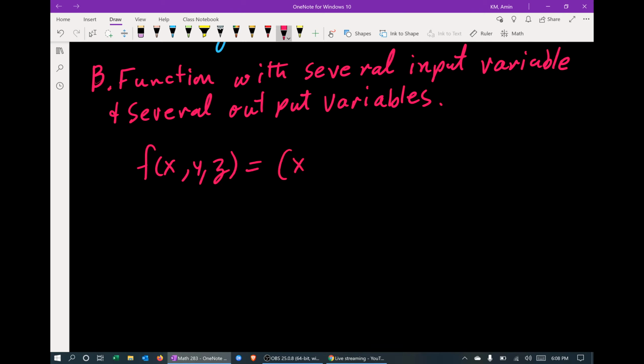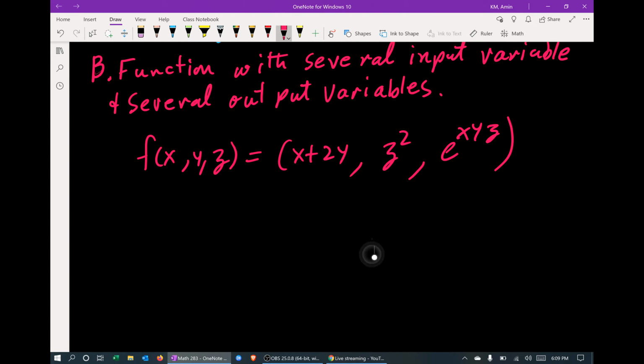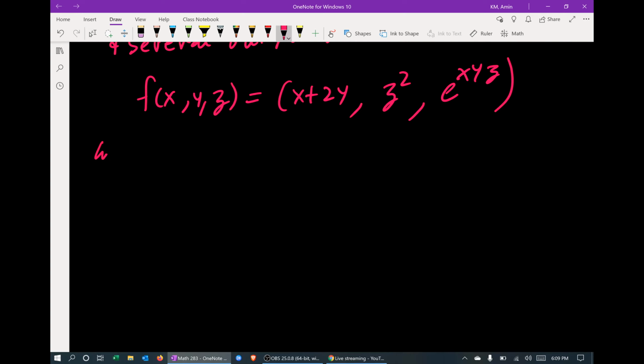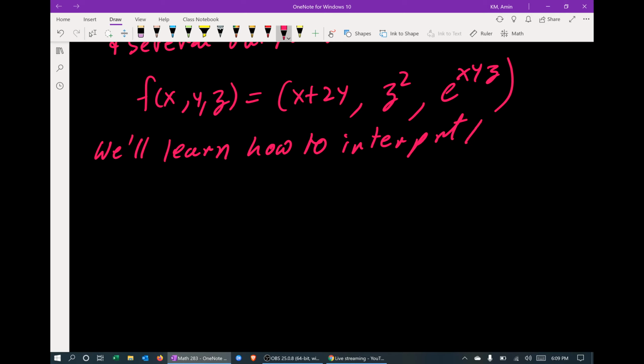It's kind of like this: x plus 2y, z squared, e to the xyz. We will learn how to interpret these vectors.